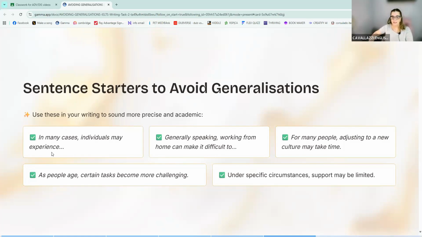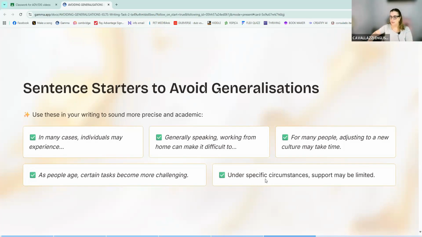In many cases, individuals may experiment. See, in many cases, usually, I'm not saying it's everyone. Working from home can make this difficult for many people. See, I'm avoiding generalization. Adjusting to a new culture can sometimes really take quite some time. People expect certain people wait. So I'm limiting what kind of people.